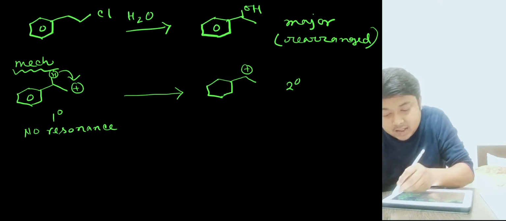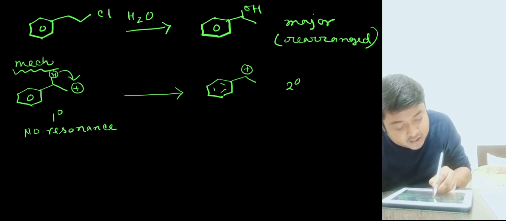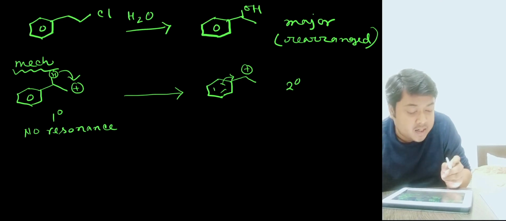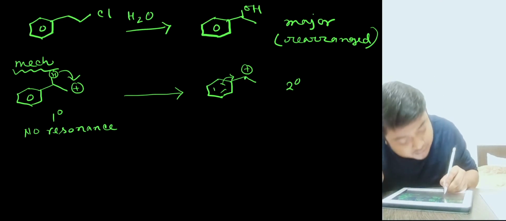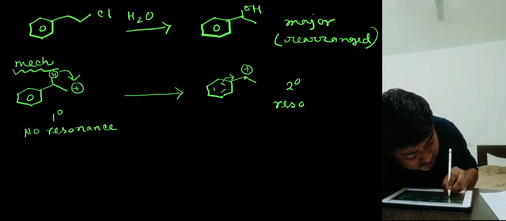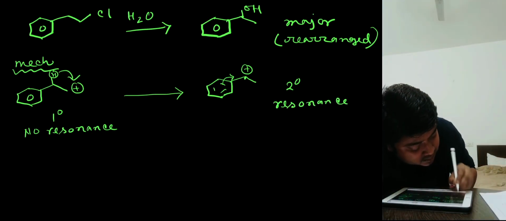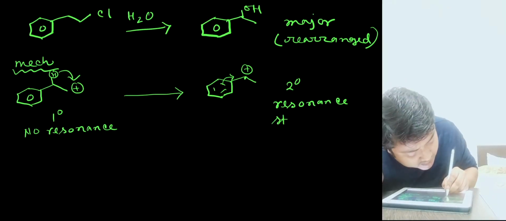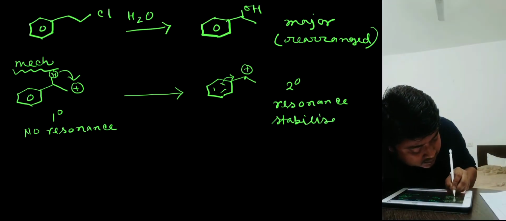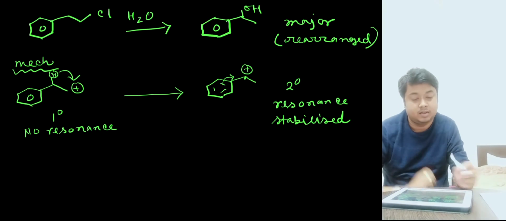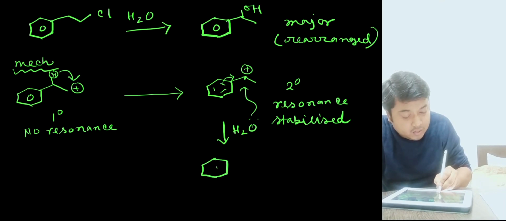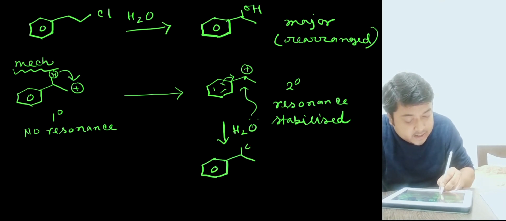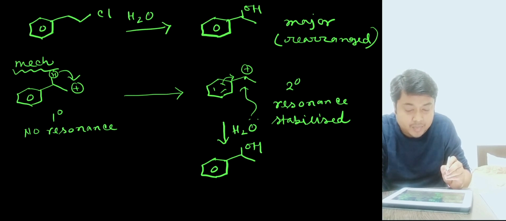Here, the pi electrons will resonate with the vacant orbital of carbon. So here resonance is taking place. That means it is resonance stabilized carbocation. So H2O will attack this carbocation and we will get this as the major product.